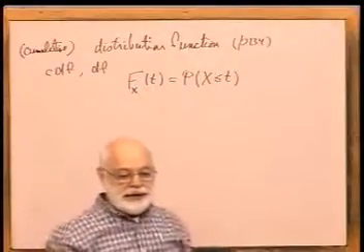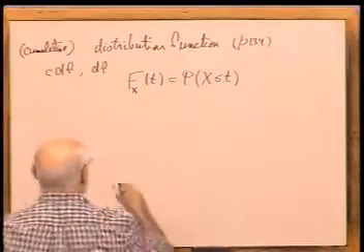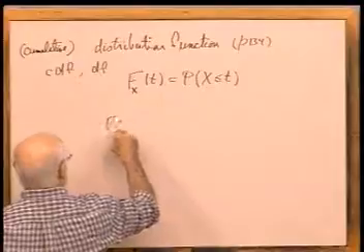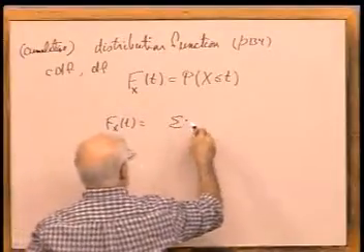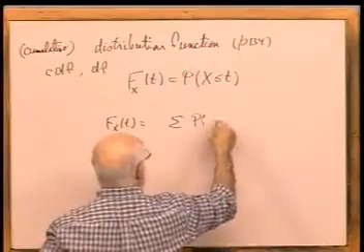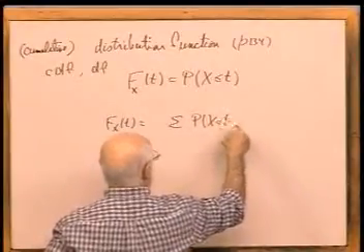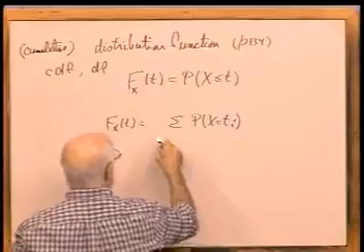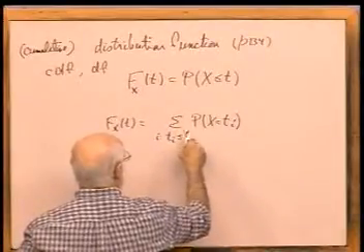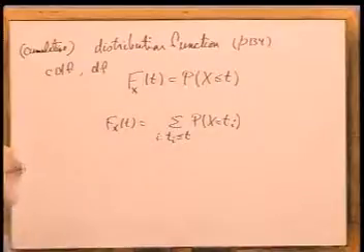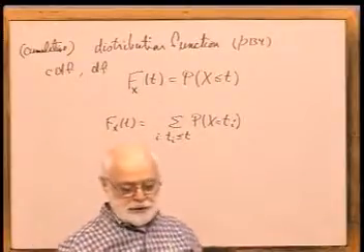Which means that it's the sum of the probability that X equals T sub I, summed over all I, such that T sub I is less than or equal to T. At least if the random variable is discrete, which is what we're talking about at the moment.